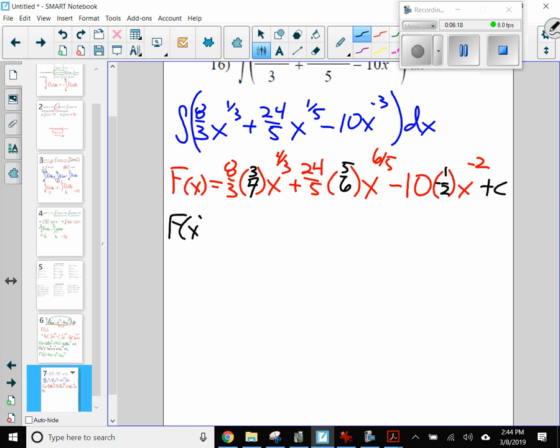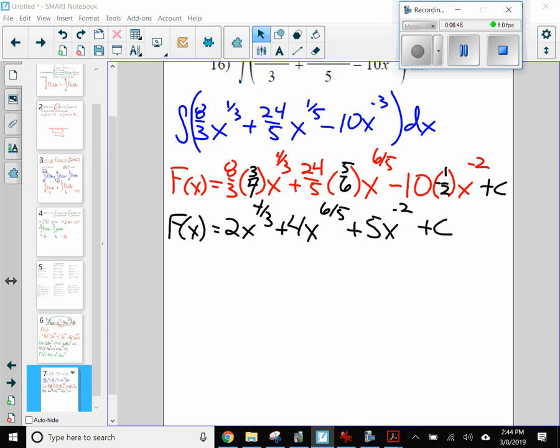Big F of x is equal to, so wait, the 3's cancel out, 2x to the 4/3 plus c. The 5's cancel, that will be 4x to the 6/5. And then this is going to be plus 5x to the -2 plus c. And there's my antiderivative.